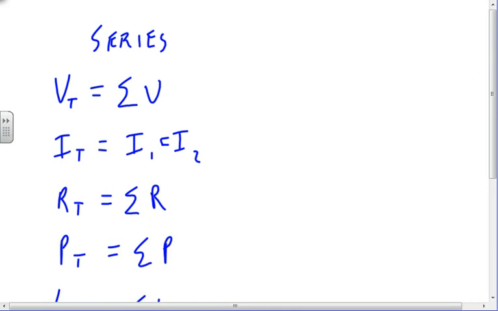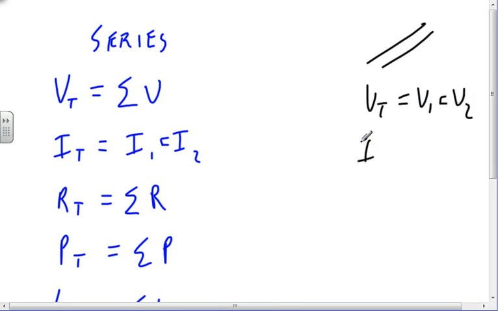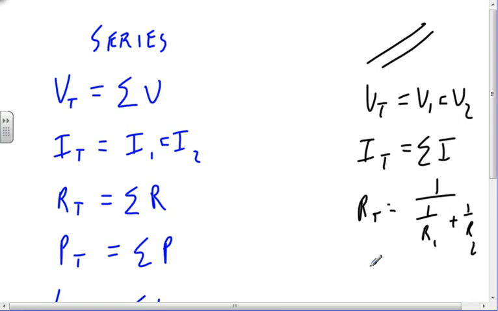Now I look at a parallel circuit, and I see voltage total is the same as voltage 1, is the same as voltage 2. The current total is the summation of the currents. The resistance total acts as 1 over 1 over. The power total is the summation of the powers.